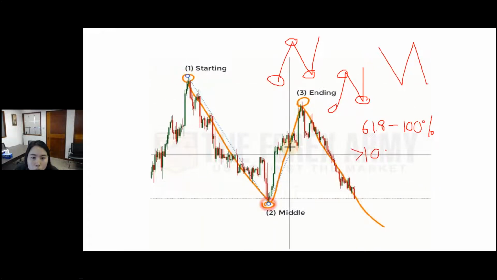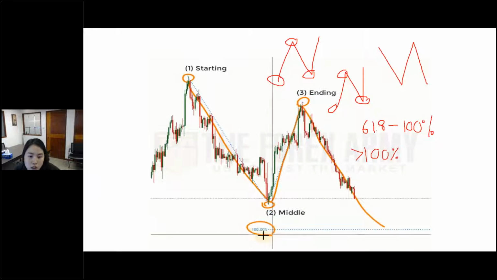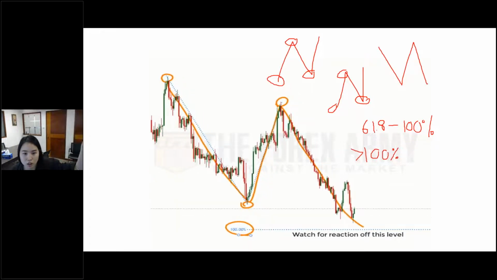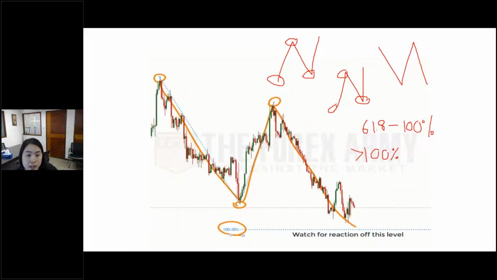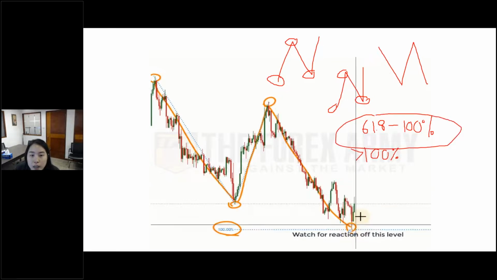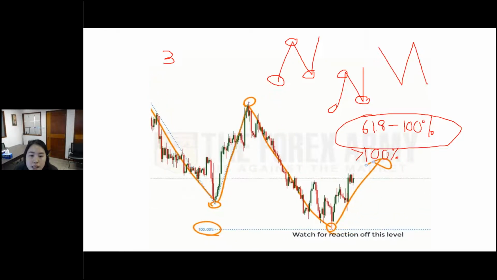These are called over projection, just an over extension of where you think price is going. But there are 3 levels that we focus on: 61.8, yep, it includes the 78.6.